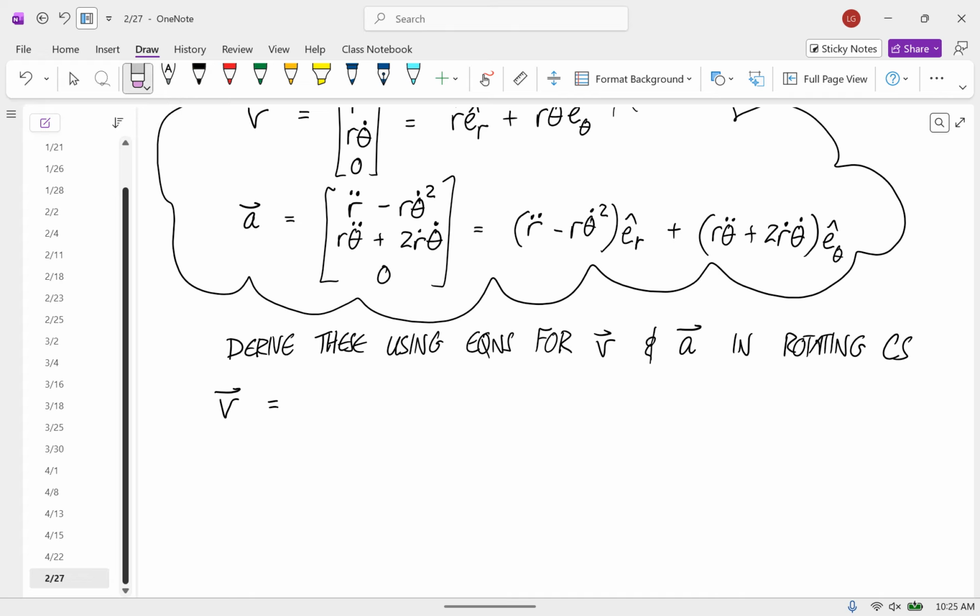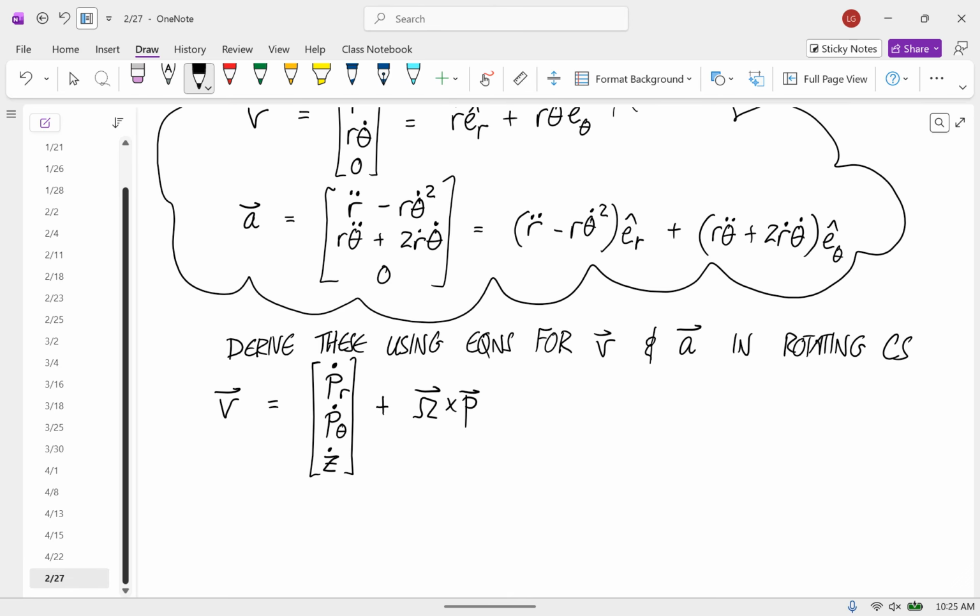Sorry to mess up your notes. This is better. So this is equal to, let's call it, the r component of the position, dotted, and then the theta component of the position, dotted, and then the z component of the position, dotted, plus omega cross the position vector.